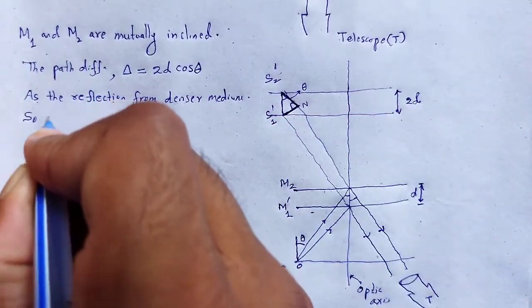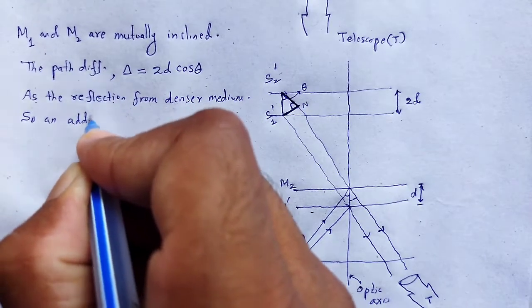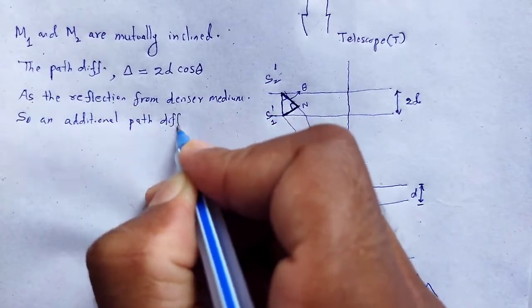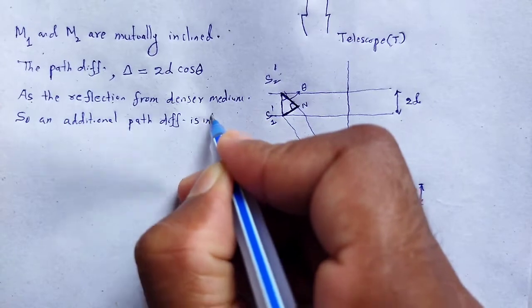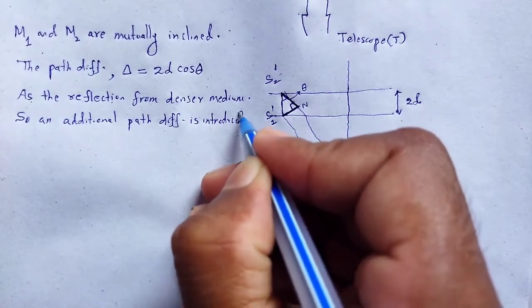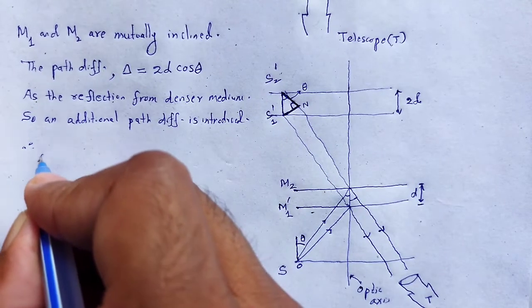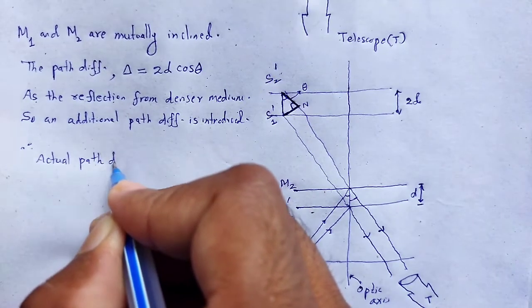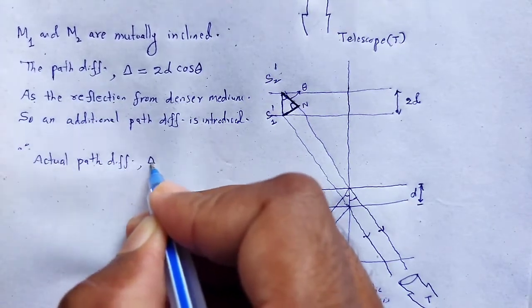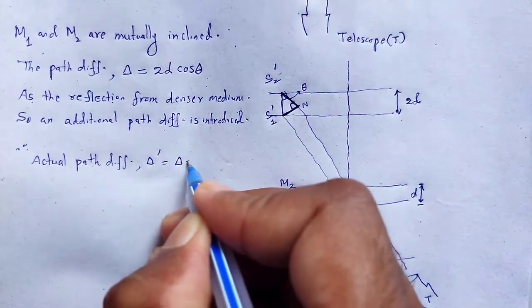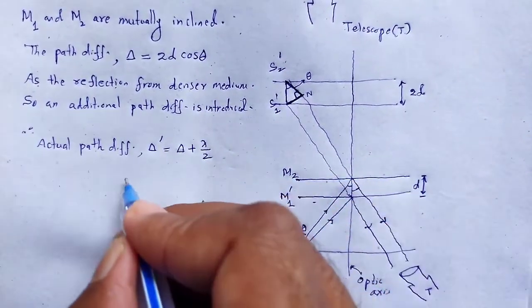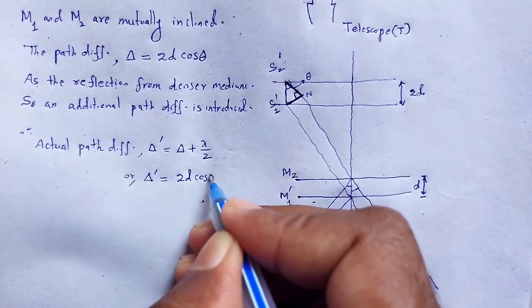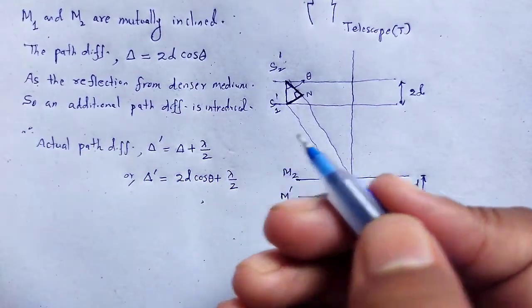Therefore, the actual path difference delta dash is equal to delta plus lambda by 2, or delta dash is equal to 2d cos theta plus lambda by 2.